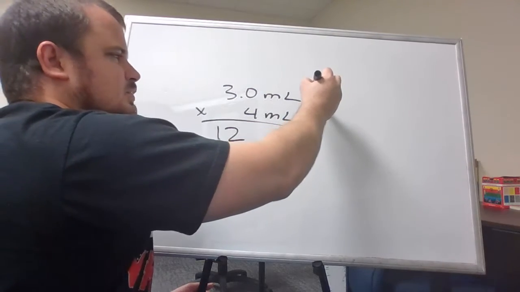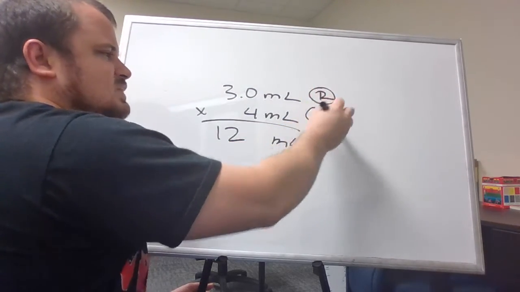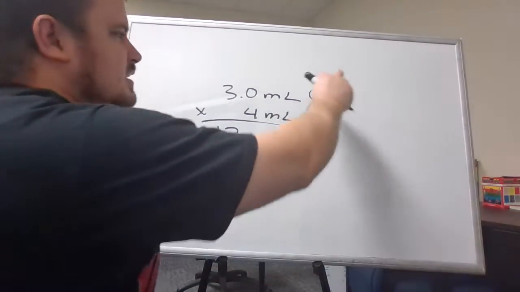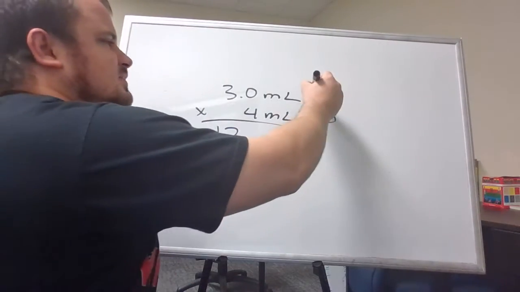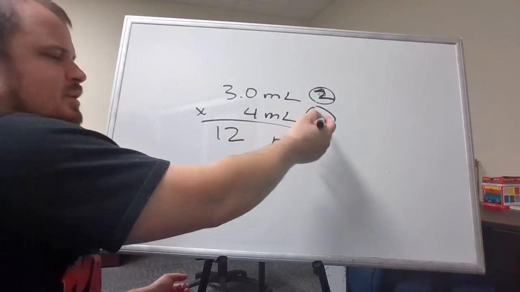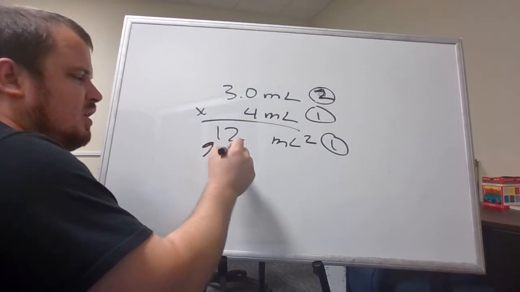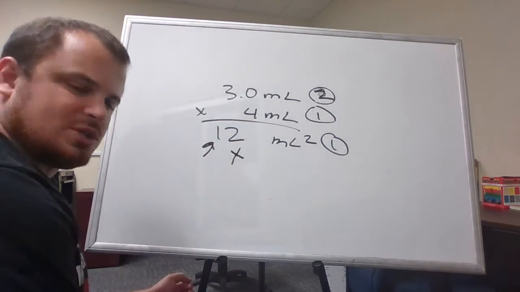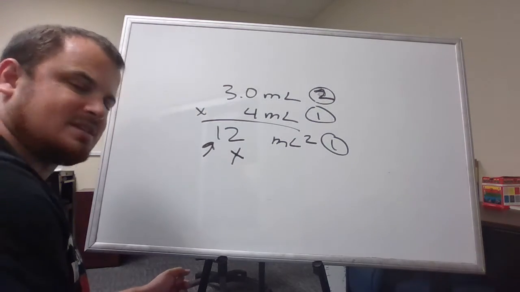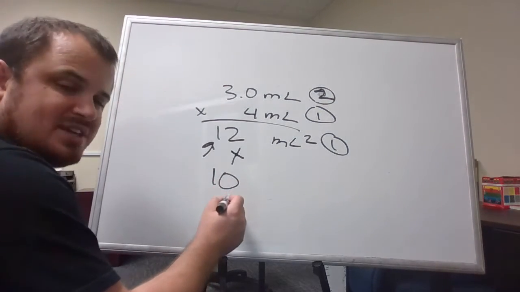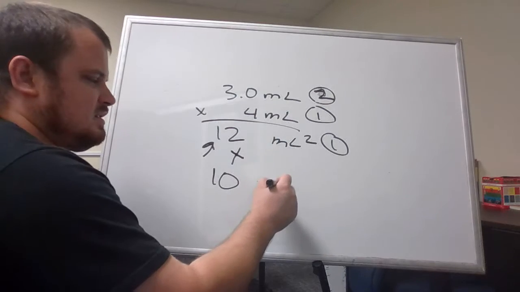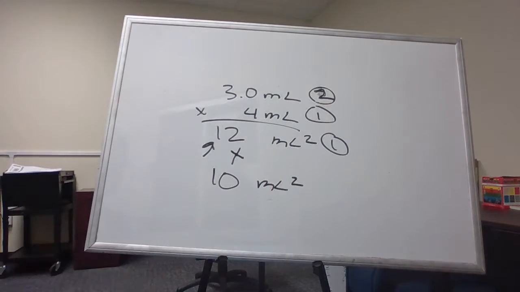I'm sorry, this has 2. This has 1. Let me fix that. So up top, 3.0 has 2 significant digits, but the 4 has only 1. So our answer is only allowed to have 1. So we can keep the 1 in front, but this has to go. So at 12, do you round up to 20 or down to 10? Down to 10. No decimal, that way the 0 is insignificant. Milliliters squared will be our answer.